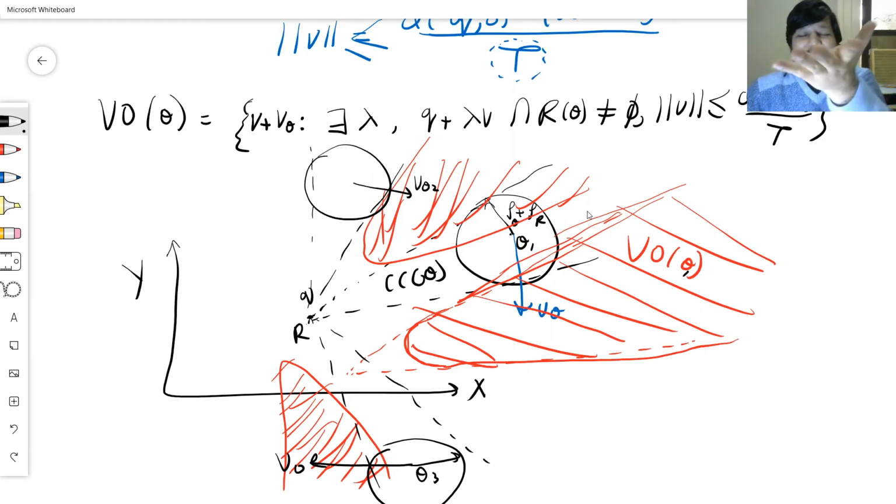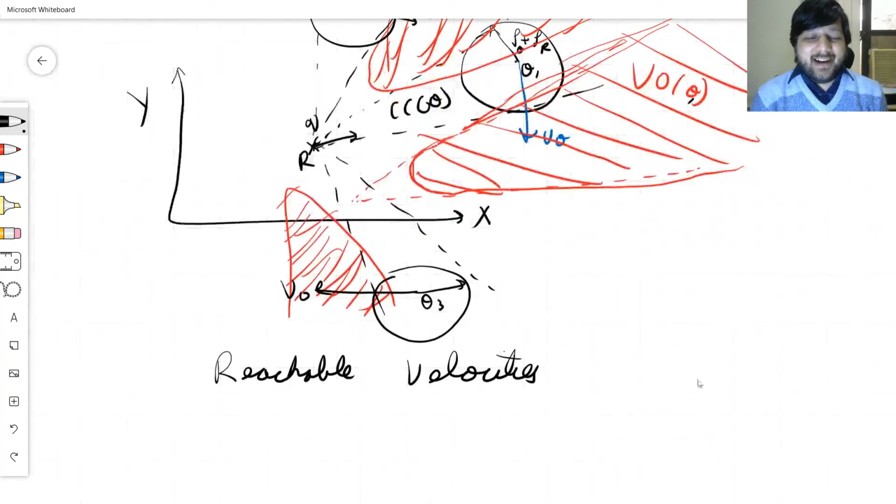Now it may appear 0 is the best speed. I can reach that. Everybody can travel by 0, but the only problem is that I'm currently traveling at 25 meters per second. From 25 meters per second, you cannot go to 0 meters per second in an instant. It's not possible. You'll have to apply an acceleration that is really, really hard.